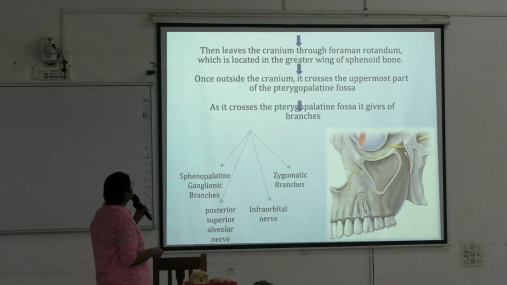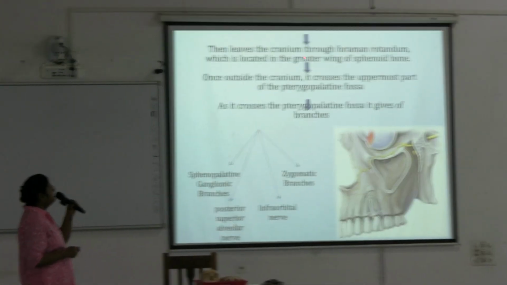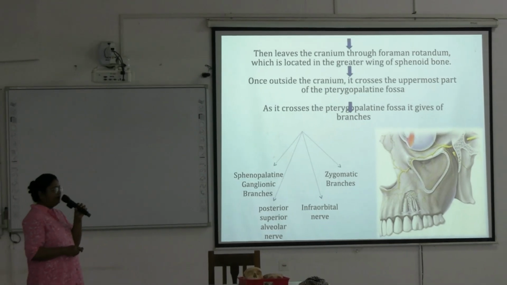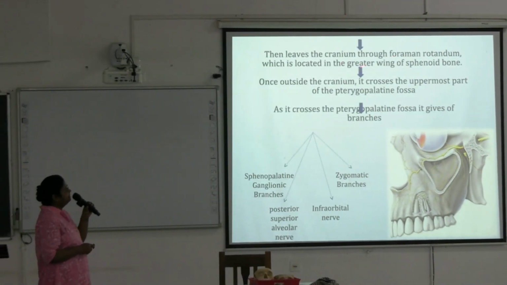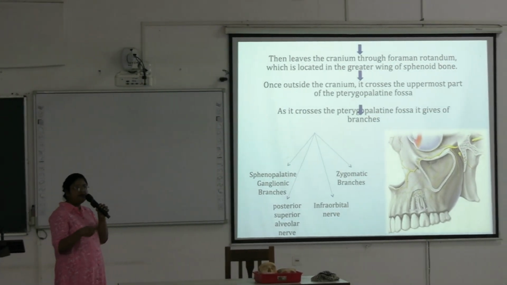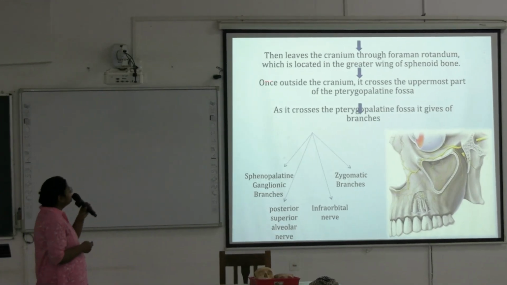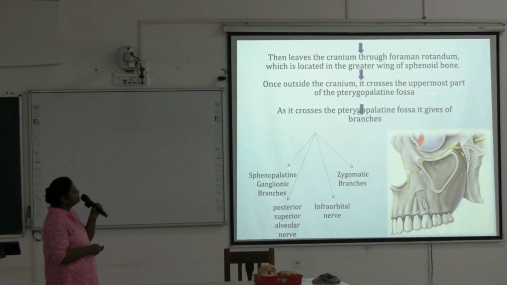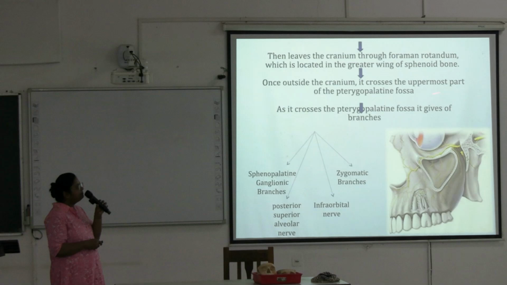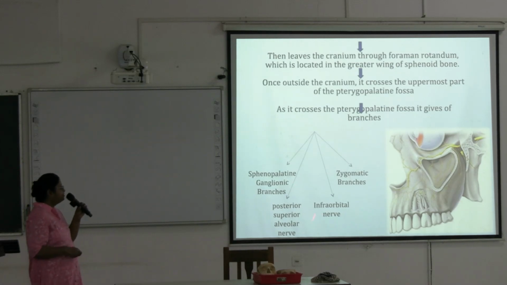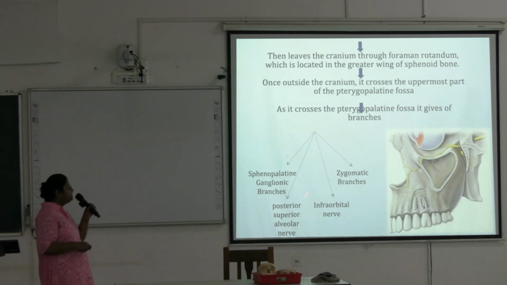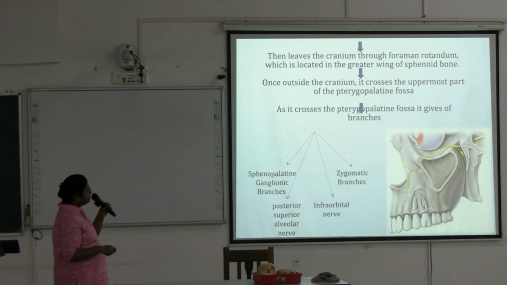Next, after that, it leaves the cranium through the foramen rotundum, which is located in the greater wing of the sphenoid. We have seen different foramens. Once outside the cranium, it crosses the uppermost part of the pterygopalatine fossa. As it crosses the fossa, it gives these branches: sphenopalatine ganglionic branches, posterior superior alveolar branches, infraorbital nerve, and zygomatic branch.